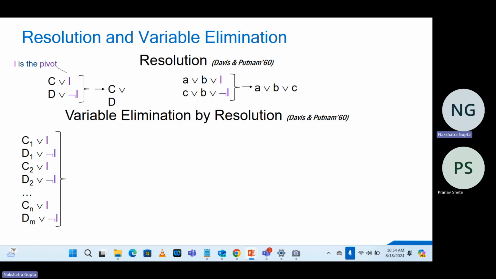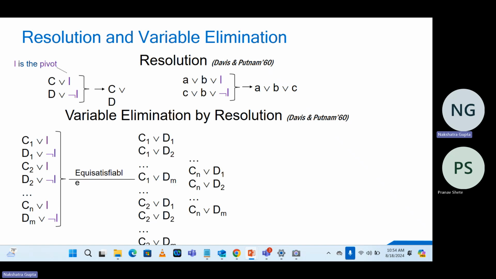So assume you want to eliminate a variable, I mean removing all the clauses which contain a variable and replacing them by other clauses. So we have variable L appearing in all these clauses, right? And we want to eliminate it. In order to do that, we just create all the possible resolvents between the clauses where L and not L appear.